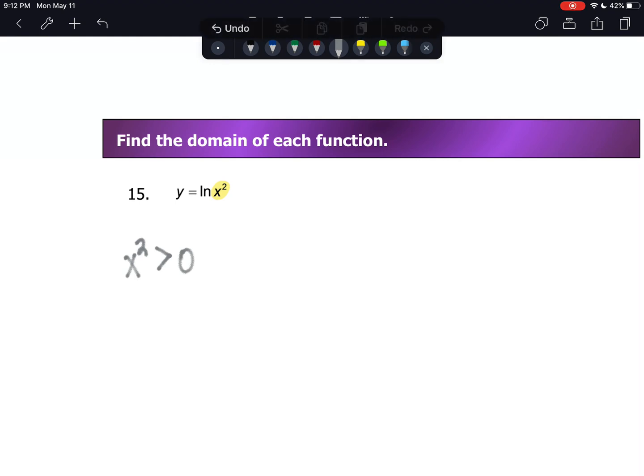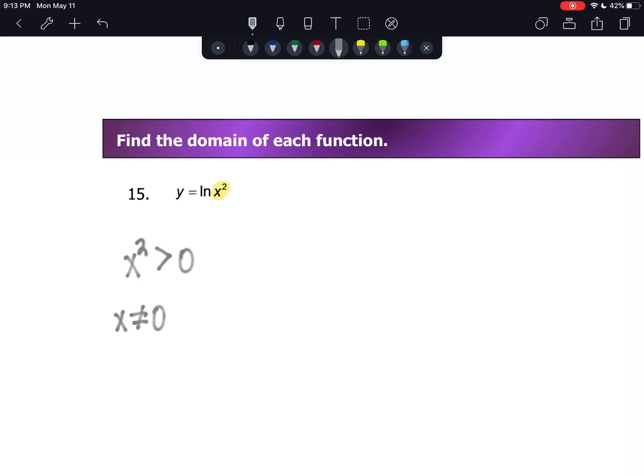Well, if I put any negative number in, I'm going to get greater than 0, because a negative times a negative is a positive. All positive numbers are greater than 0. If I put a positive number in for x, that's going to be greater than 0 because any positive times itself is positive, and all positive numbers are greater than 0. But there's one number that won't work. x cannot equal 0 because 0 times itself is not greater than 0.